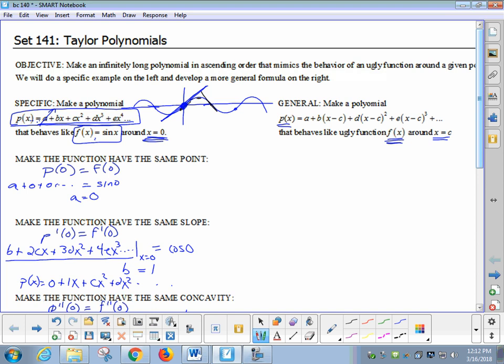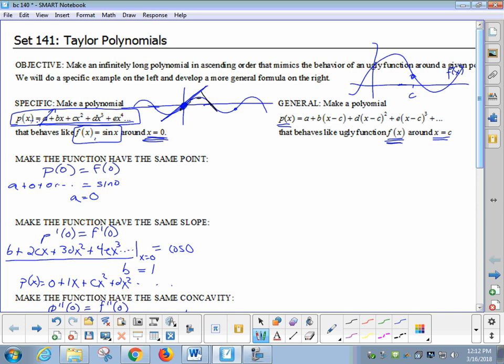All right, now, the goal is to first just do exactly like we did here. The idea is f of x is some crazy function, and I want to fit a polynomial well around c. And depending on the function, maybe we can get further and further out and fit it wider and wider, but we'll talk about that in a second.